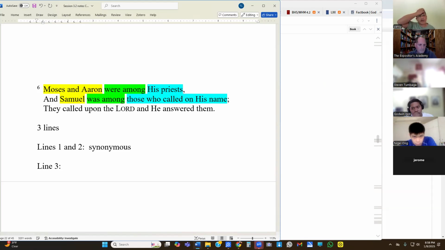I think this could be developmental. Okay. Yeah, I think it's not synonymous or contrastive. So the question is, what kind of developmental? It cannot be expansion. It cannot be illustration.